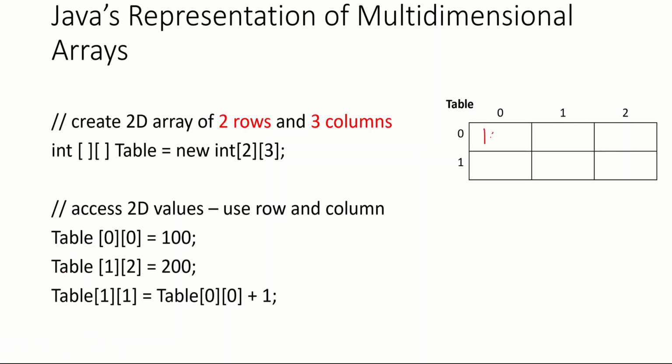So this is the initial value we have as 100. So always the first number should represent the row number, and the second one should represent the column index.